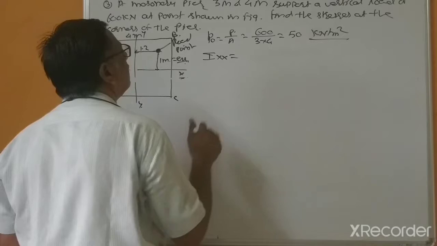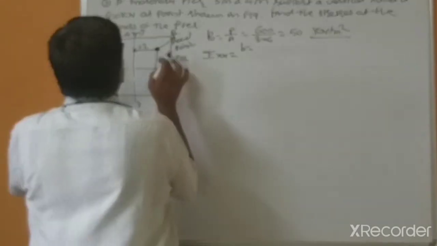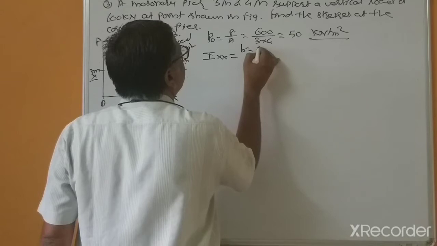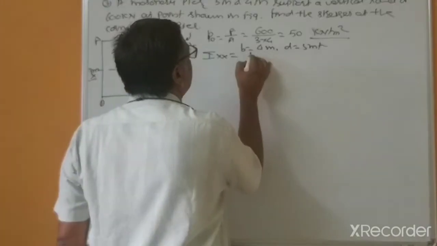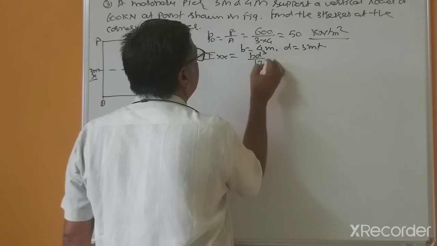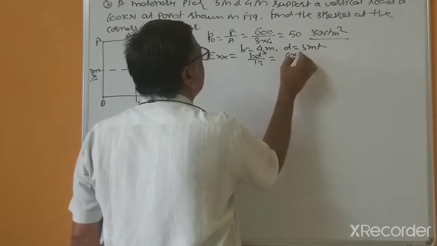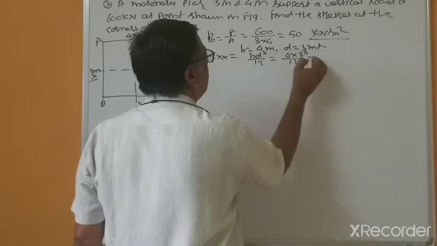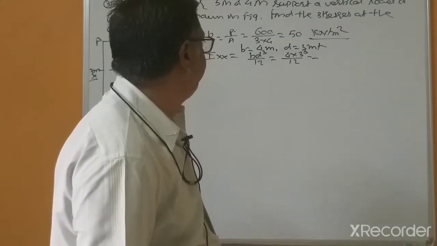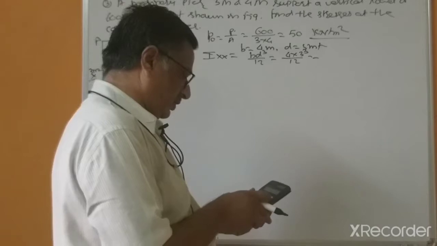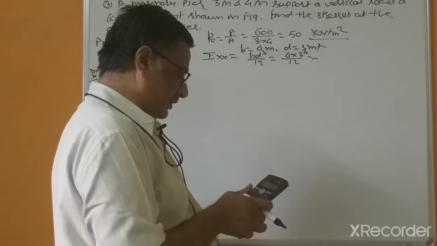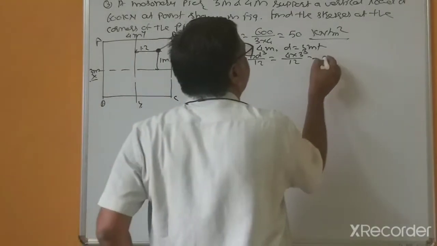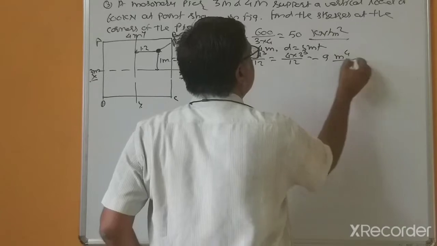So moment of inertia, B equal to, because this is parallel, this is called width, 4 meter, and D equal to 3 meter. So the formula BD cube divided by 12 is equal to 4 into 3 cube divided by 12. This is equal to 9 m raised to 4.